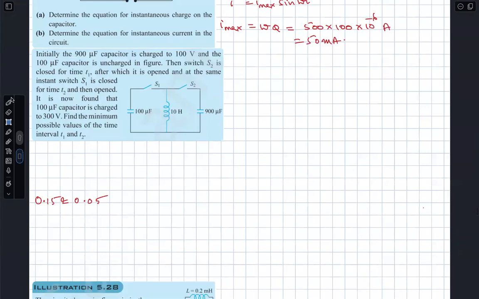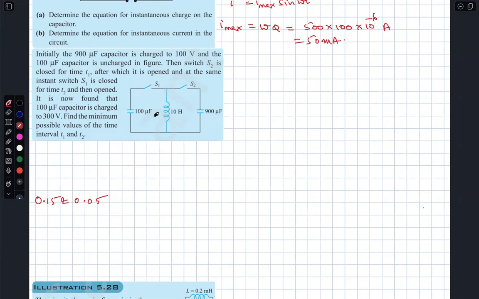Initially, the 900 microfarad capacitor is charged to 100 volt, and the 100 microfarad capacitor is uncharged in the figure. Now, switch S2 is closed for time t1, after which it is opened.